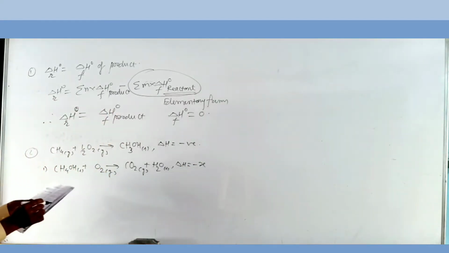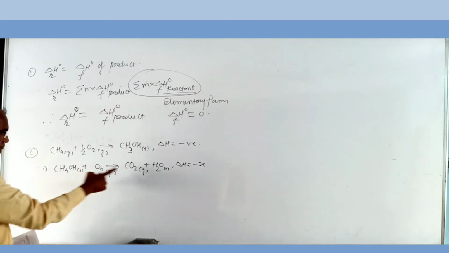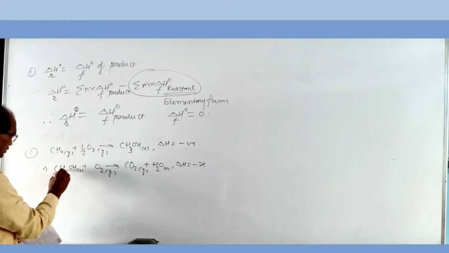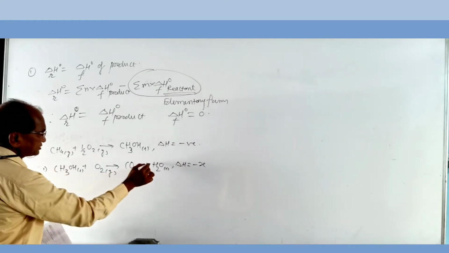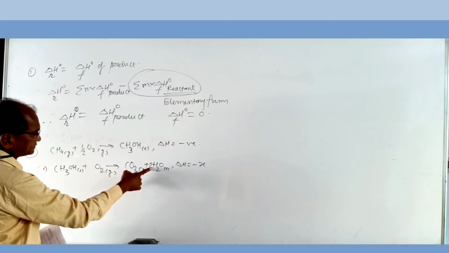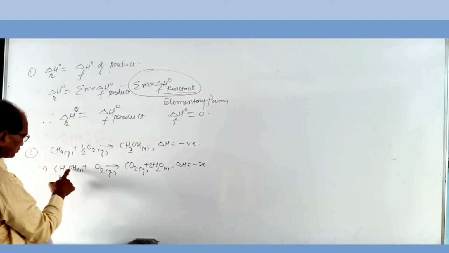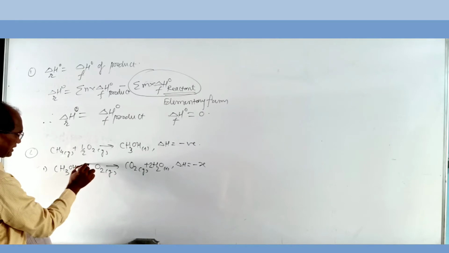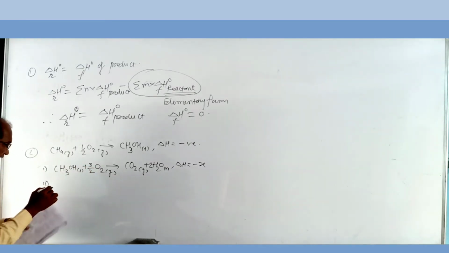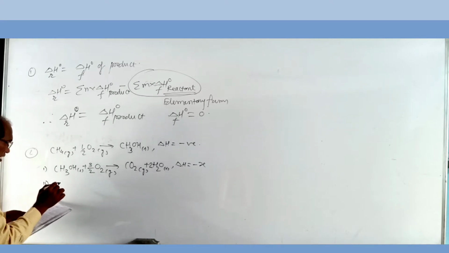Combustion is negative. Balance the reaction. One carbon, here is one carbon. CH3OH, that is twice H2O, 2 plus 2, 4. 4 minus 1 is 3, then here comes 3/2 O2.